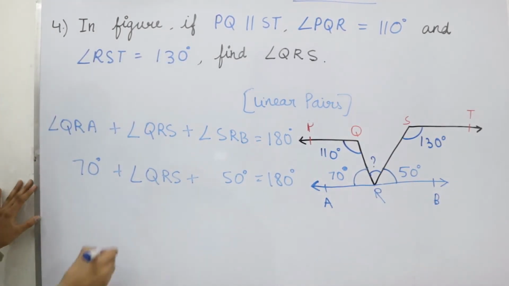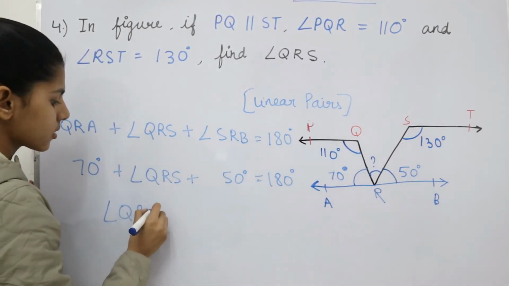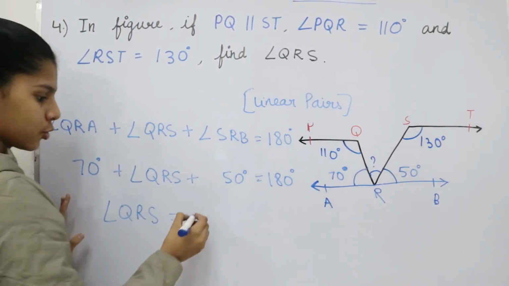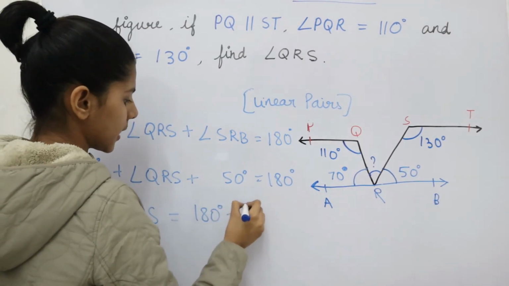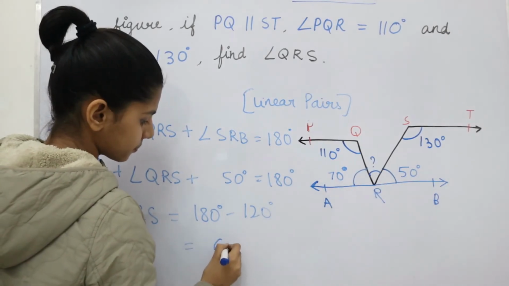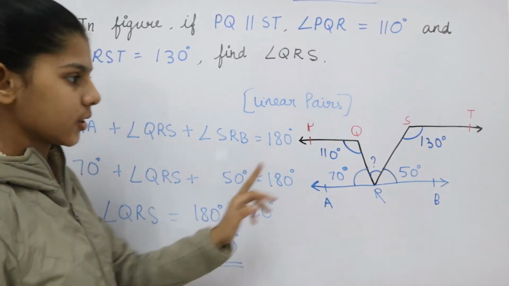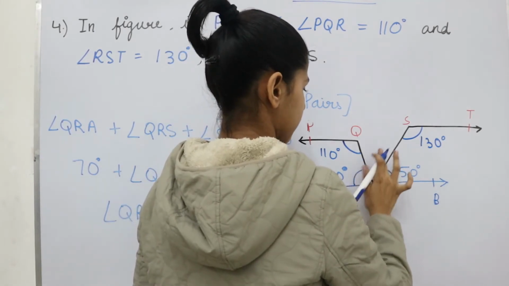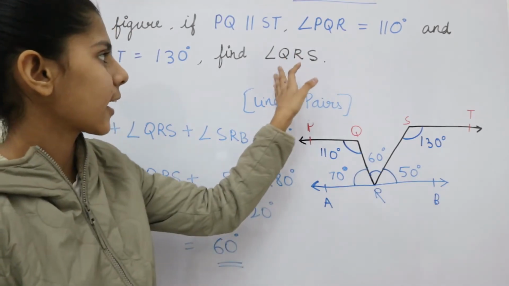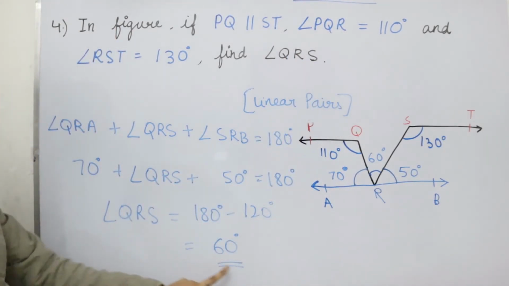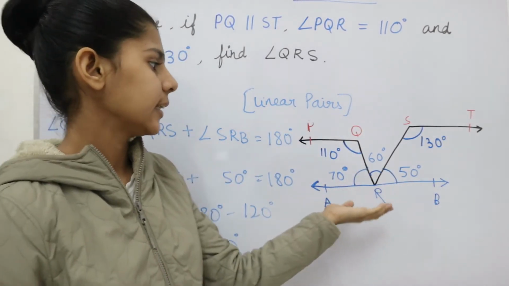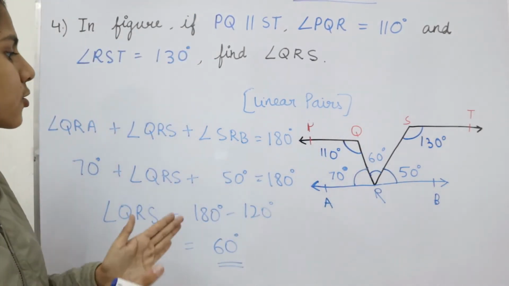Now 70 degree plus 50 degree is 120 degree. So 180 degree minus 120 degree is 60 degree. So angle QRS, this middle angle, is 60 degree, with the help of the linear pair property. So this was all about this question.